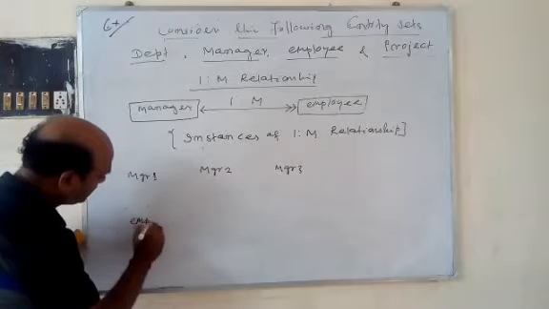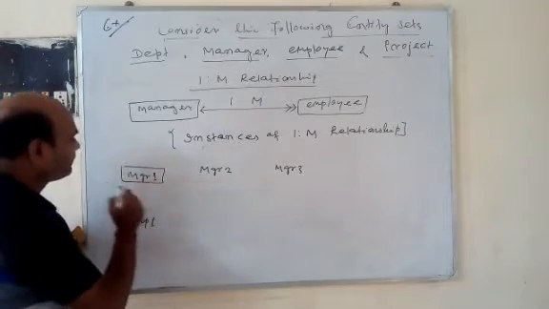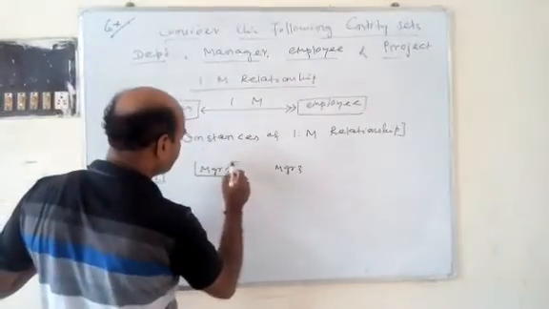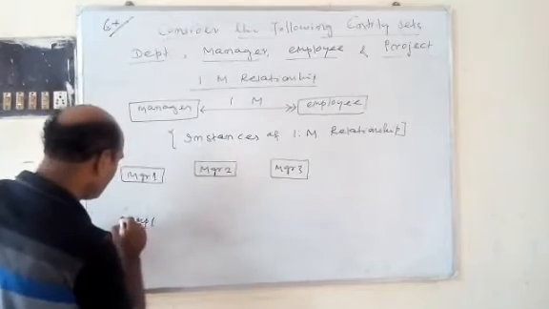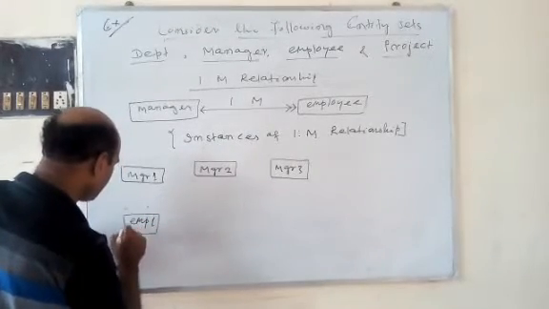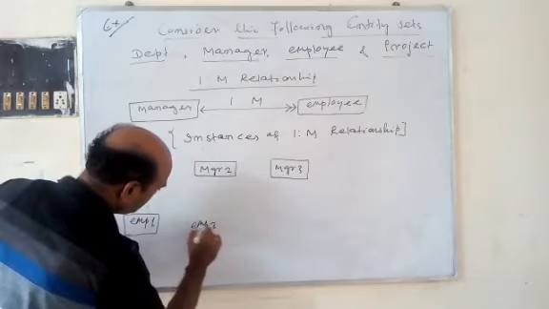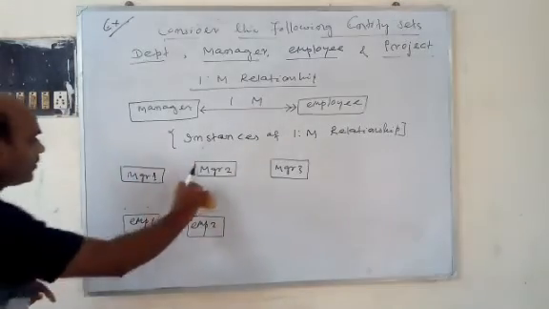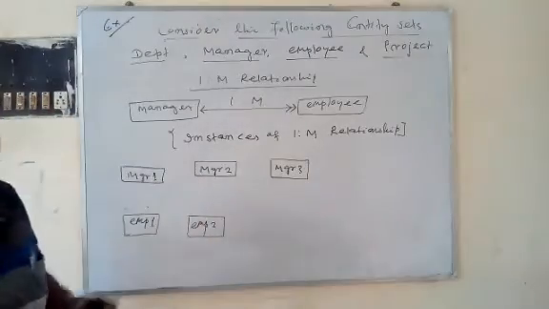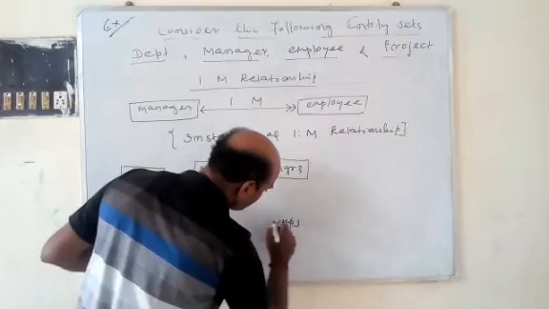These are the entity set instances. Similarly, employee 1, employee 2, and employee 3, and so on.